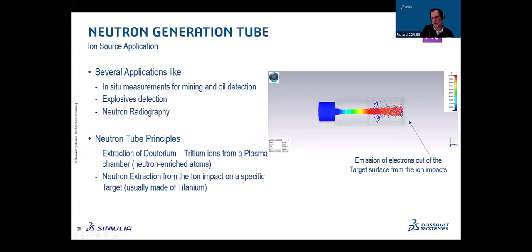Then you can also finally estimate the energy or the power that you will have for the neutron extraction, even if we don't take into account the neutron beam. So this is one particular example where ion sources can be used, and you can control the whole device and do this kind of simulation with the high predictive accuracy that you can get from simulation.